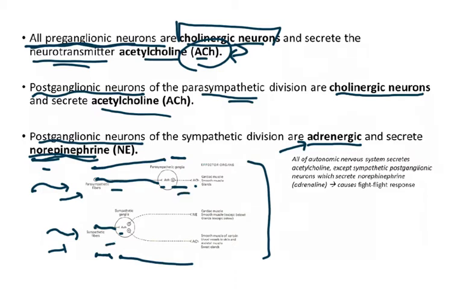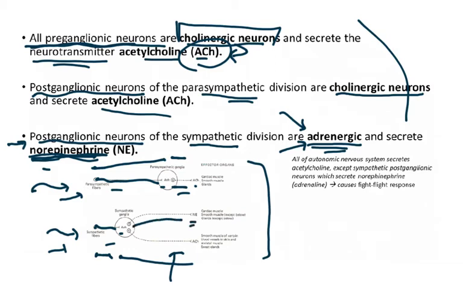And so we're just going to have one exception, and that's going to be from the postganglionic neurons of the sympathetic division. Of all that we've talked about, they're the only ones that are different, and they're going to be adrenergic, which means that they're going to be the ones that release norepinephrine. So this is going to be the only spot where we see norepinephrine released.